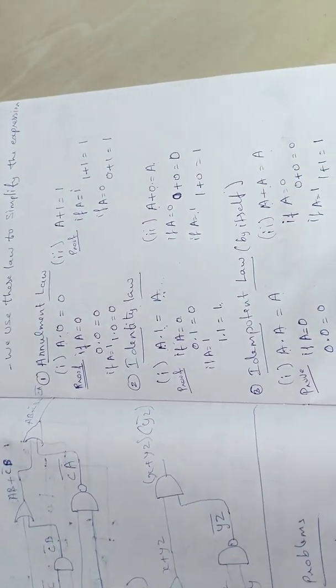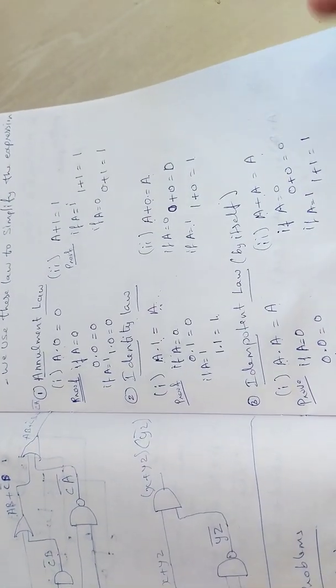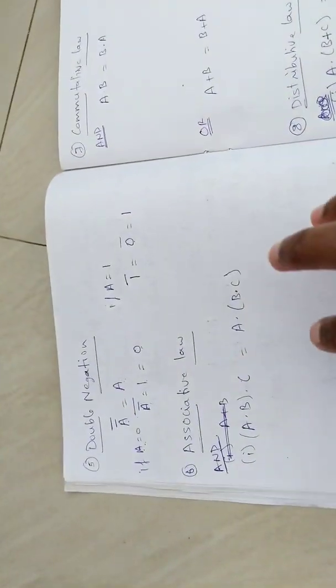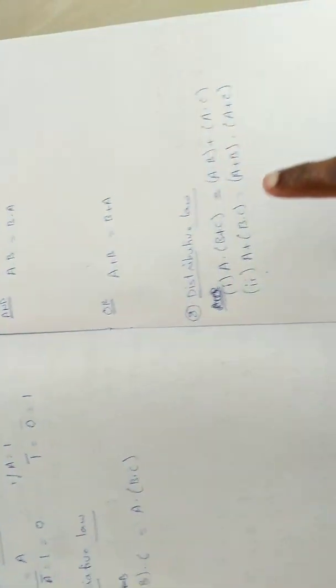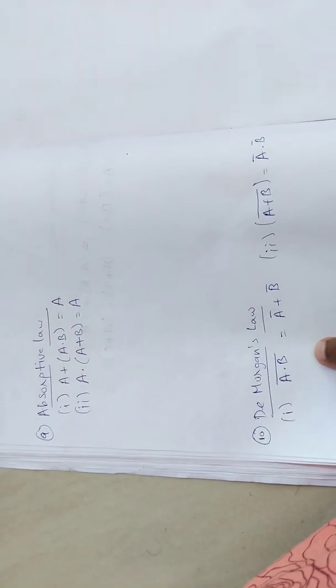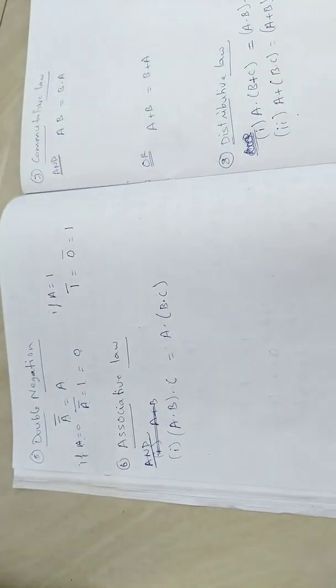Learn this, this is how we do it with a single variable. The remaining laws have a combination of 2 or 3 variables: associative law, commutative law, distributive law, absorption law and De Morgan's law. These are the remaining 5 laws using more than one variable.